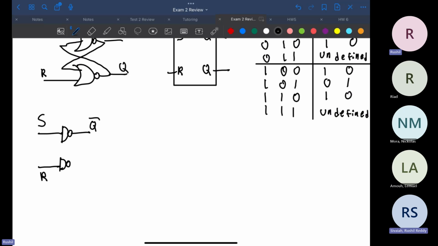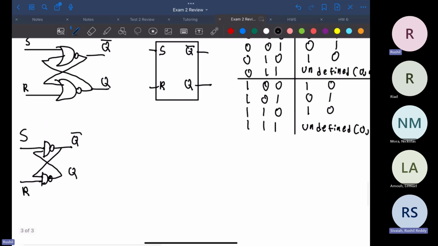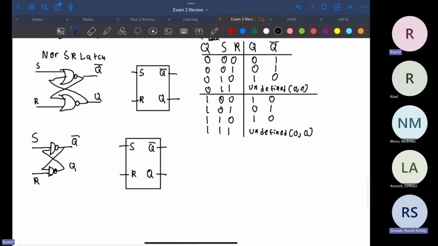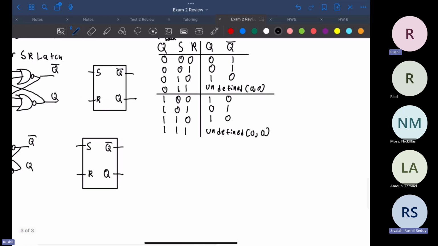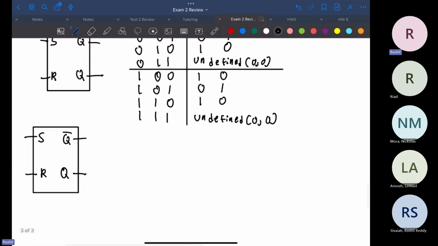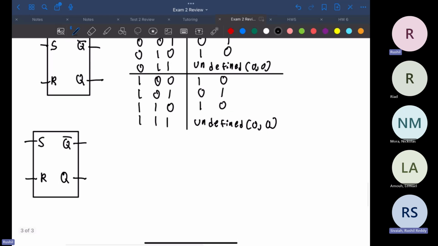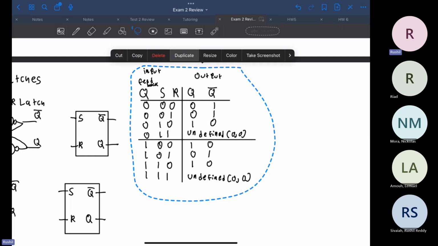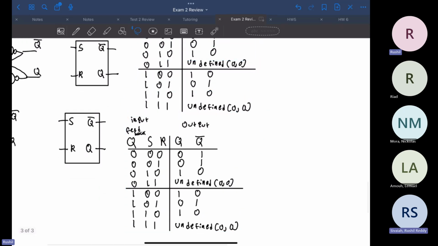So we'll do Q bar here, then we'll do Q here. Obviously these don't look exactly the same, so you don't really have to worry about that. These are going to be very similar to each other, so I'm just going to copy this over and bring this down.